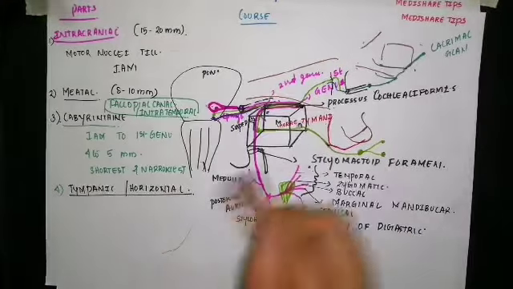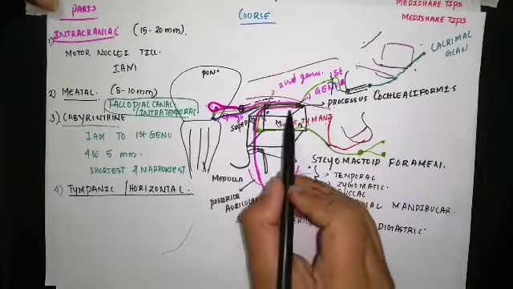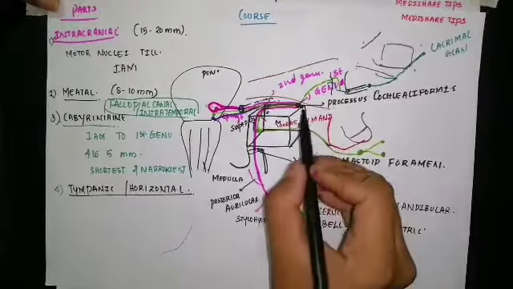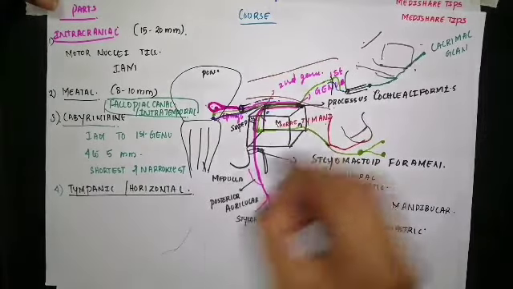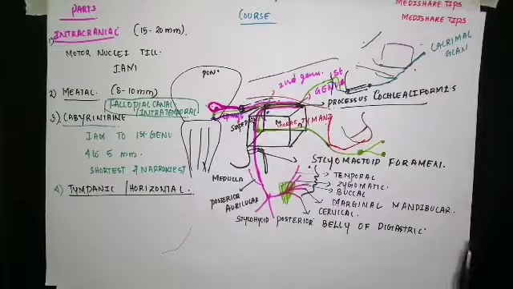Another bony landmark here: the first genu is located just behind a bony process known as the processus cochleariformis. This processus cochleariformis is an important landmark for the facial nerve during surgery.